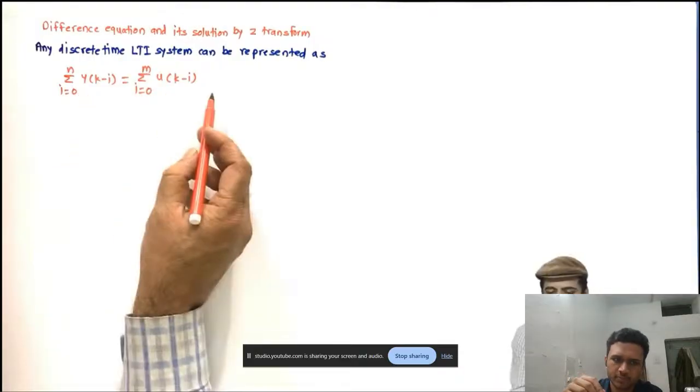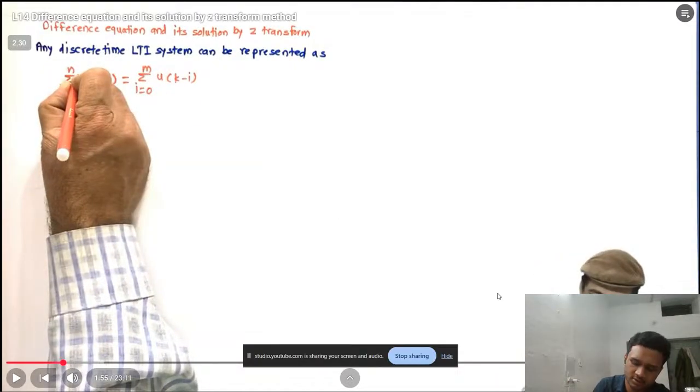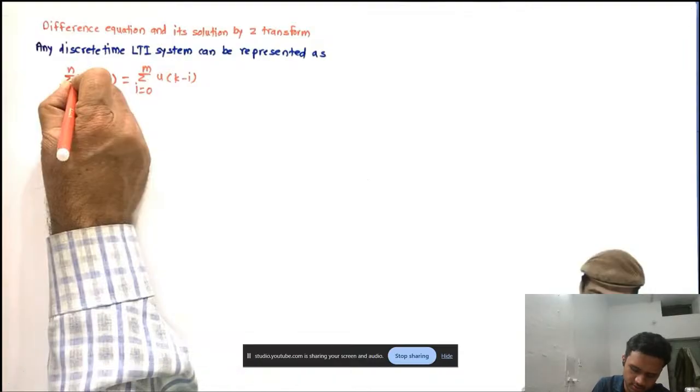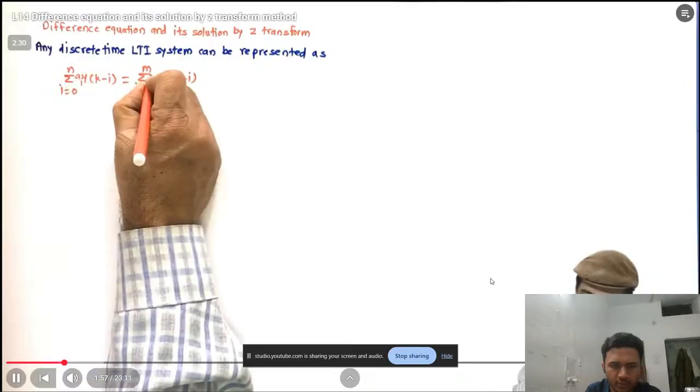So you can always represent this with i from 0 to n here, and 0 to m here, dependent on the number of inputs, with coefficients a i and b i.